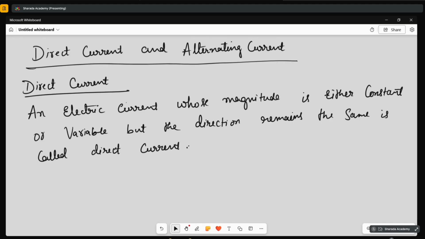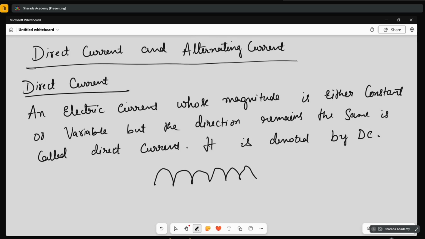Direct current is denoted by DC. Mainly in direct current, the direction is the same. It will not change. For example, the current can be like this: from 0 it is increasing to 5, then reducing to 0.